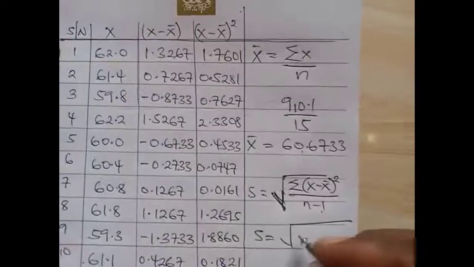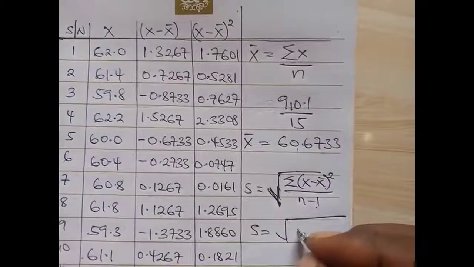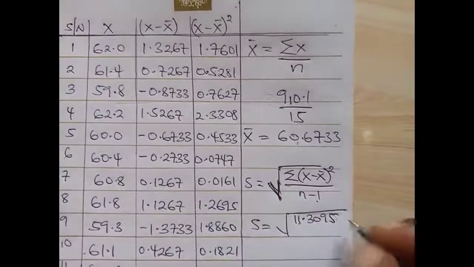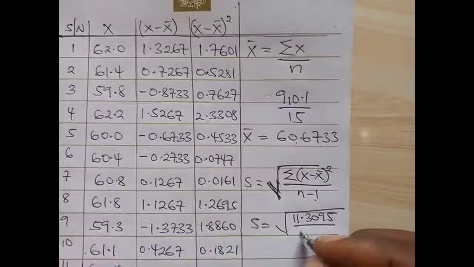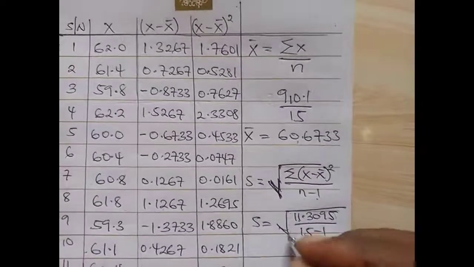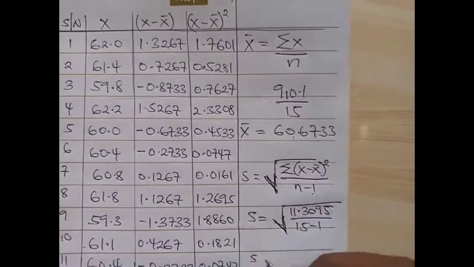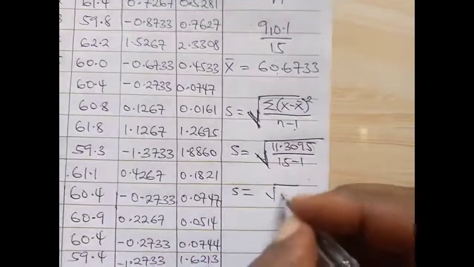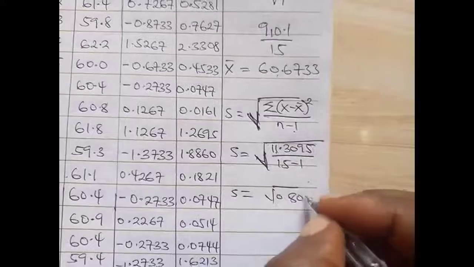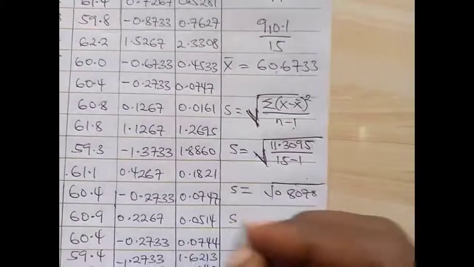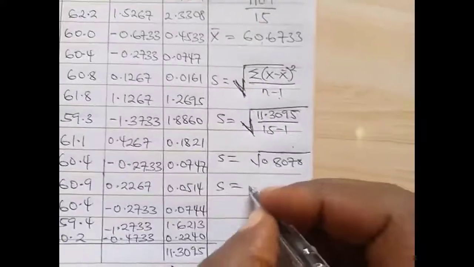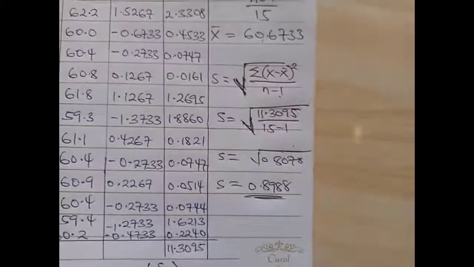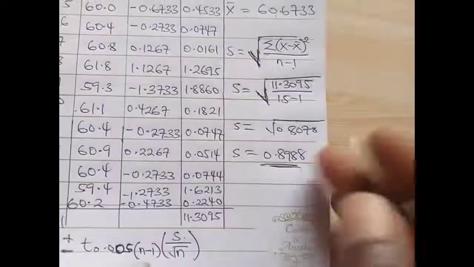So we write here 11.3095, over our n which is 15, so 15 minus 1. So our standard deviation is the square root of 0.8078, so our standard deviation is 0.8988.